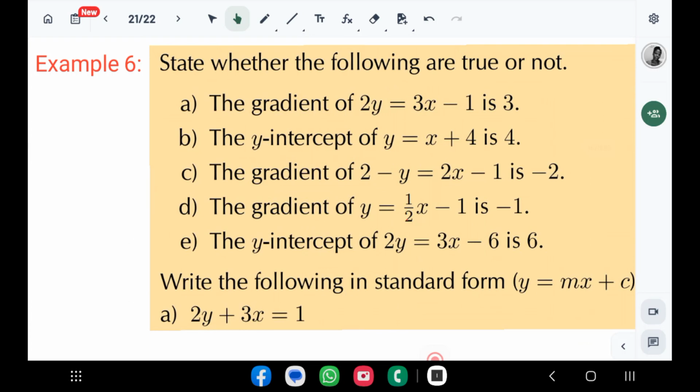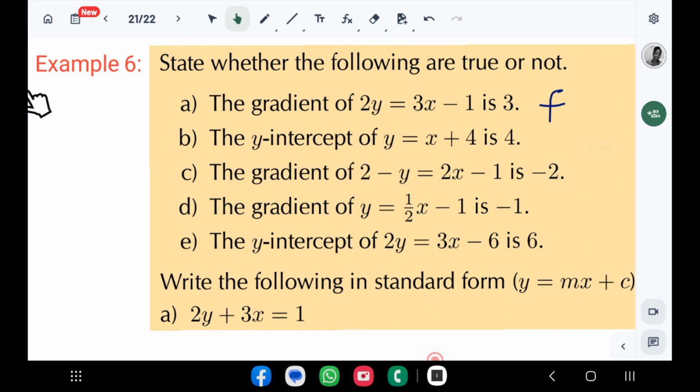Now let's look at the next example. It says state whether the following are true or not. The gradient of 2y equals 3x minus 1 is 3. No, that is false. What is the true one? If you were to put this in standard format, you would divide both sides by 2.